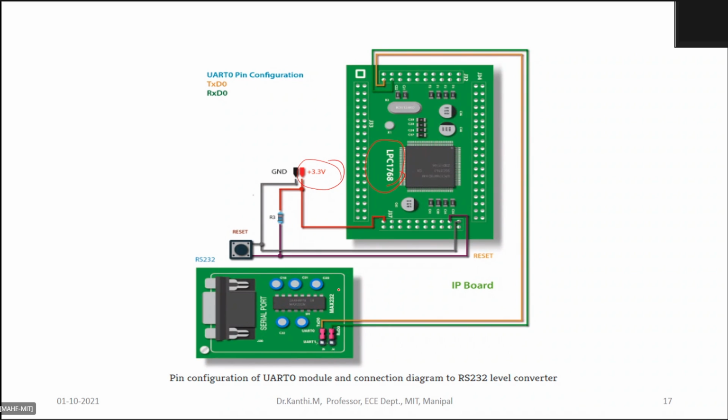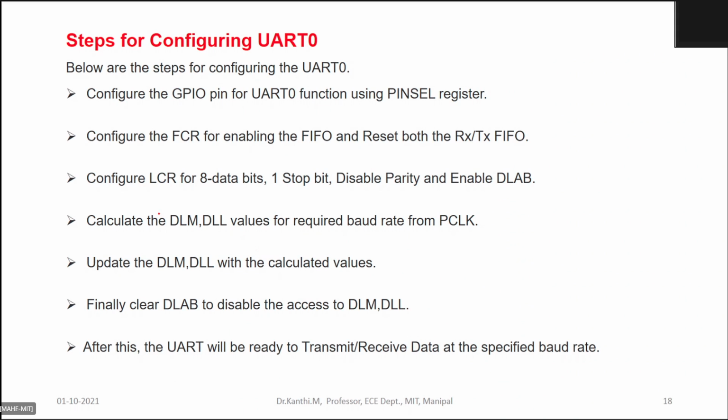There is a MAX232 IC, and through that you connect whichever UART you are using. It is connected to a specific port pin. The MAX232 can convert your logic levels. We need to understand this, because while writing the program, we'll be using a certain configuration file.